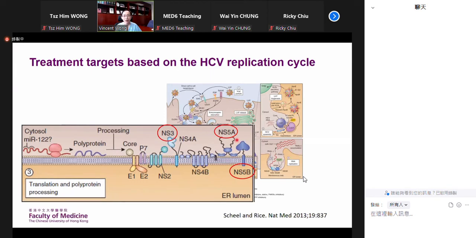The NS5A would be responsible for viral packaging, and the NS5B is actually the polymerase of the virus, resulting in the replication. So it turns out that if you inhibit these steps, you can effectively stop HCV replication. And people subsequently found that if you stop replication for a long enough period, the virus can be cleared.